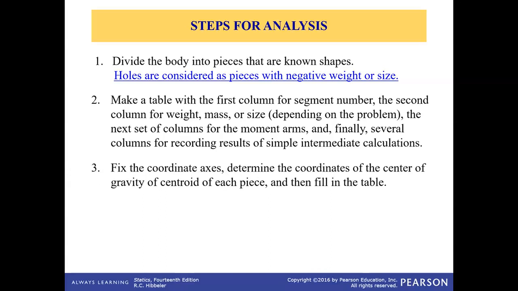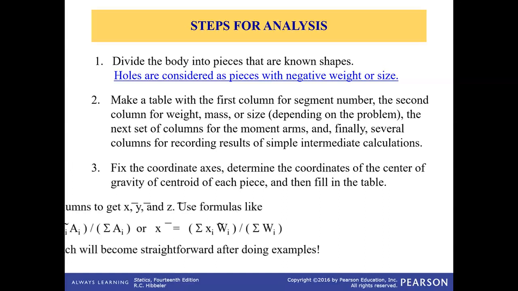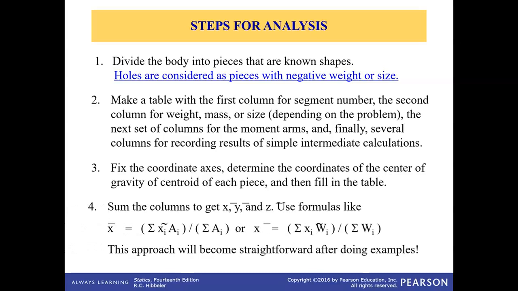Fix the coordinate axes, determine the coordinates of the center of gravity or centroid of each piece, and then fill in the table. And then finally apply this formula for x bar, y bar, and z bar, and calculate the overall composite body's center of mass or centroid.